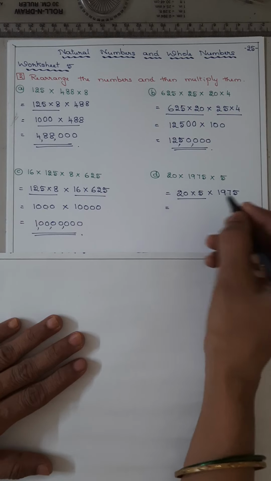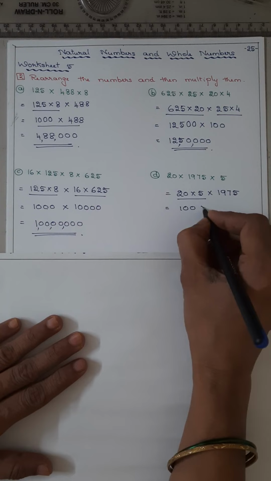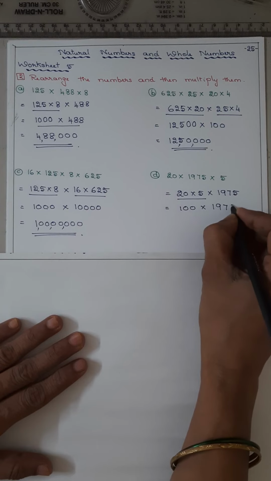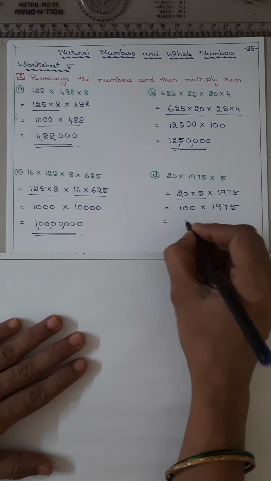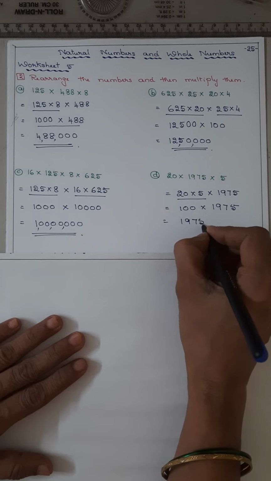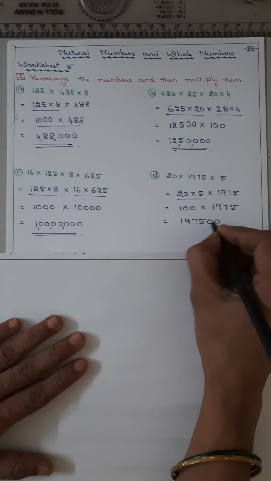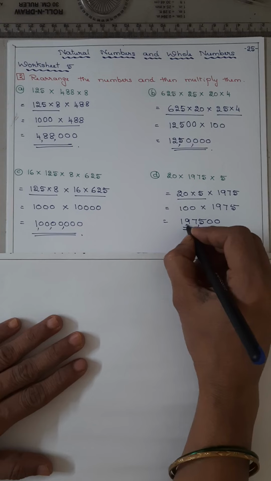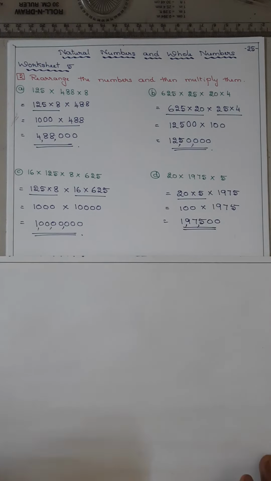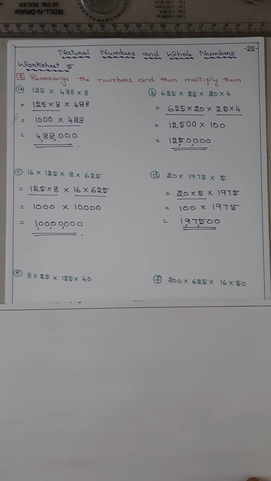So now 25 4s are 100 into 1975. So 1975 as it is and 2 zeros. Okay. Hope you are confident getting used to the method.